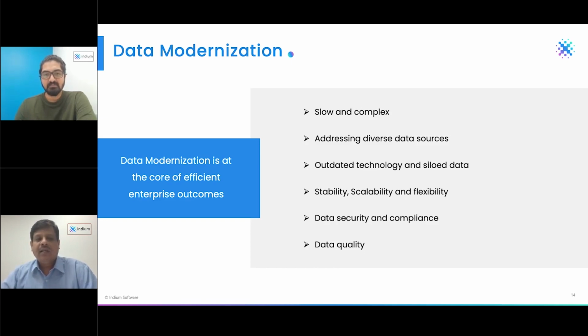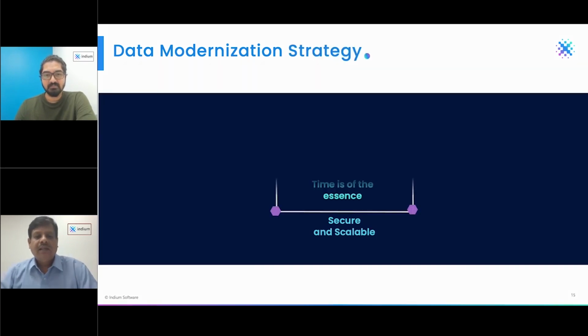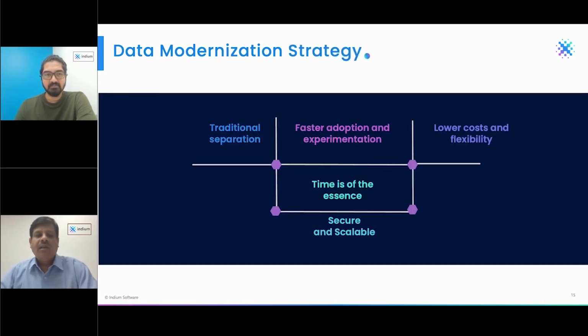So let's quickly move on. When we talk about data modernization, we talked about the traditional data platform, but moving forward, it's all about going towards the cloud. How quickly you are able to collect and share the data, like what Srini was mentioning in the reference architecture.